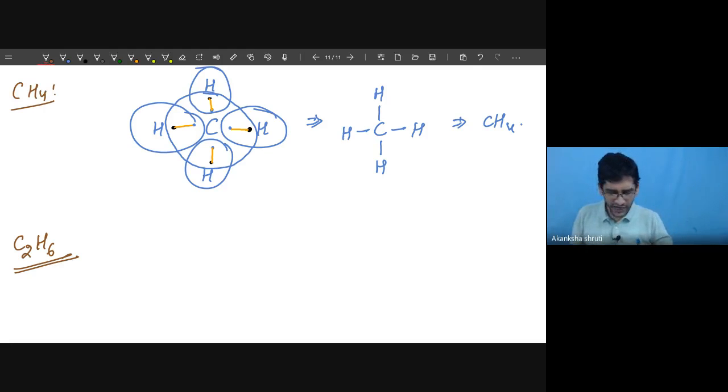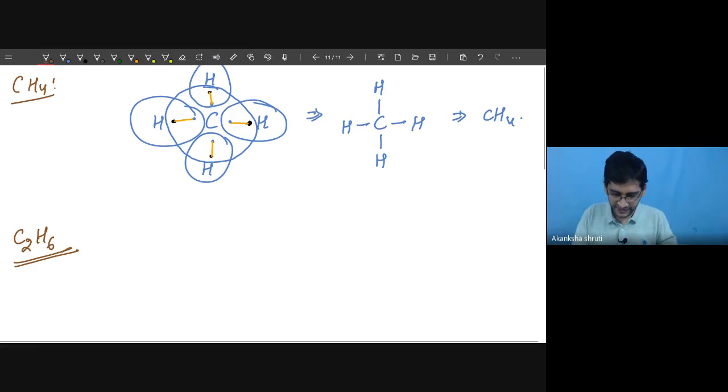We have 2 carbon and 6 hydrogen. The criteria is for each carbon we have to count 8 electrons, means 4 bonds. It's so simple. And for each hydrogen we have to count 1 bond, means 2 electrons. So how can that be done?